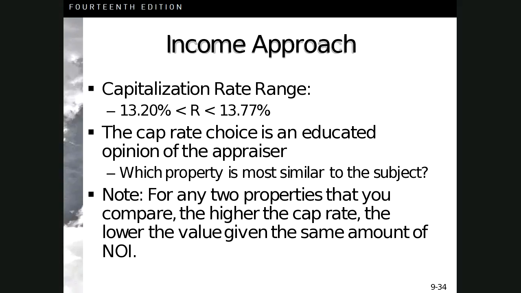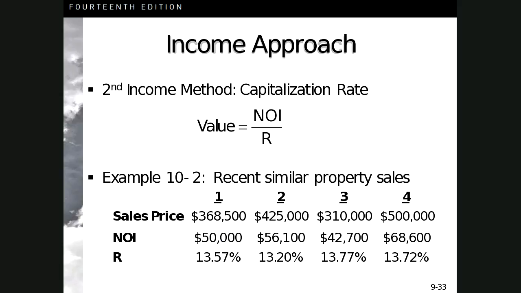Okay, so of course, the higher the cap rate, the lower the value, given the same amount of net operating income, in general. So now that you have the sense of it, you see that the value is really equal to net operating income divided by the cap rate.